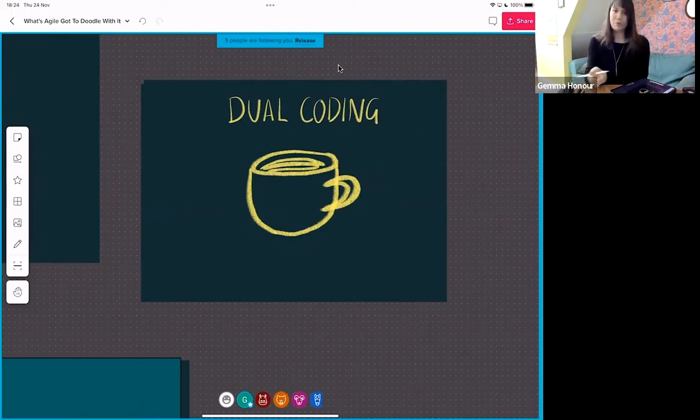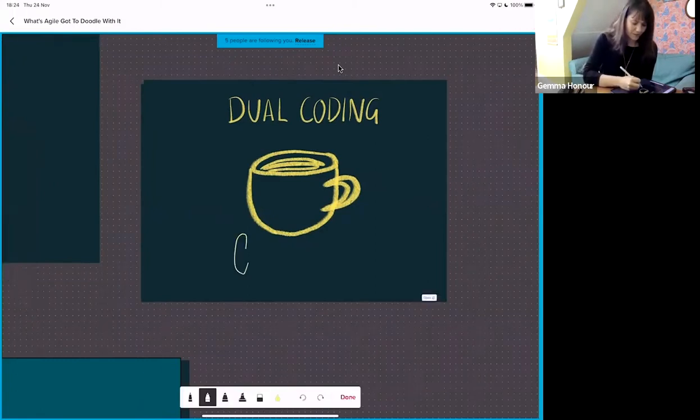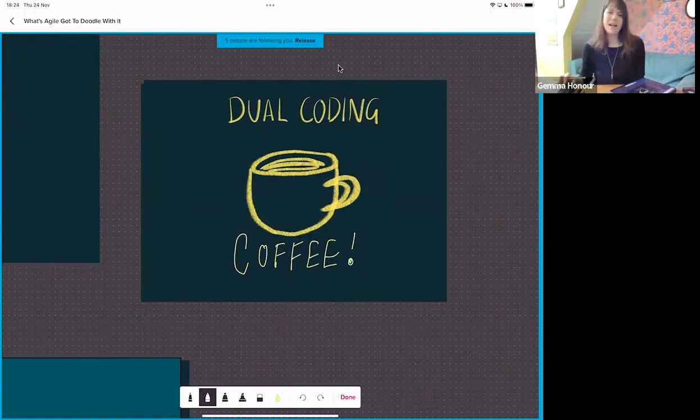So for example, we've just got an image here of a mug, but I can change the meaning of that by adding text to it. So for example, I might just add the word coffee. And hopefully the meaning of that is kind of changing for you.